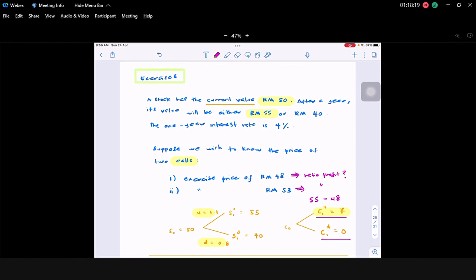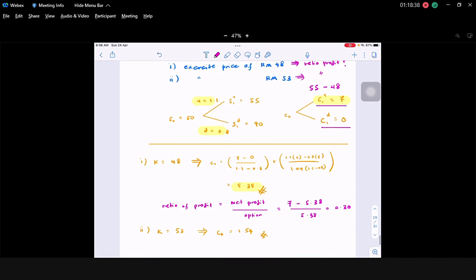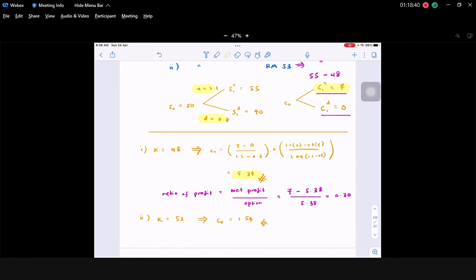Okay, 55 ringgit pada masa ST lepas one period tolak dengan strike price. Okay, so agreed price. Bukan profit lagi, revenue. Cumanya kita kena bayar juga harga option itu. Okay, sebab tu kita dapat 7 ringgit tolak dengan 5.38.